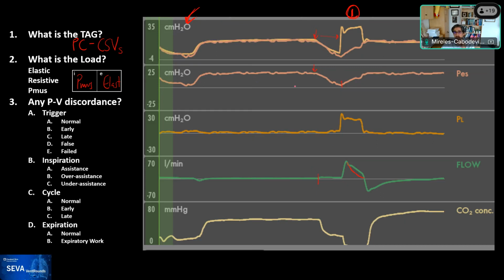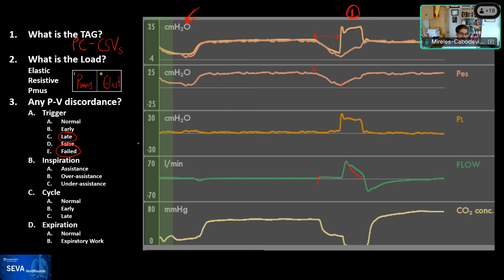I thought I would just point out that this could also happen: this is a patient on a set time rate, and the patient is doing effort and triggers here because you have a very high threshold for triggering. It was not triggered according to this. But absolutely, it's a failed trigger, and there's a late trigger based on these two tracings. So I'm going to leave that at that.